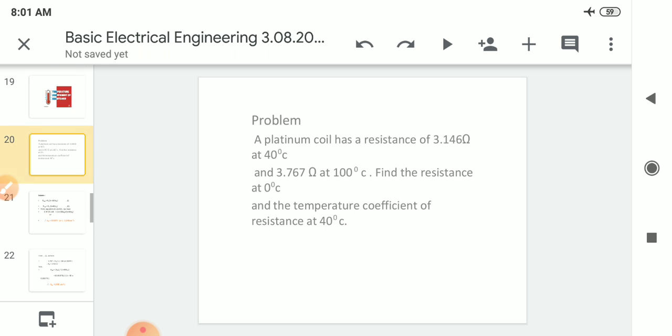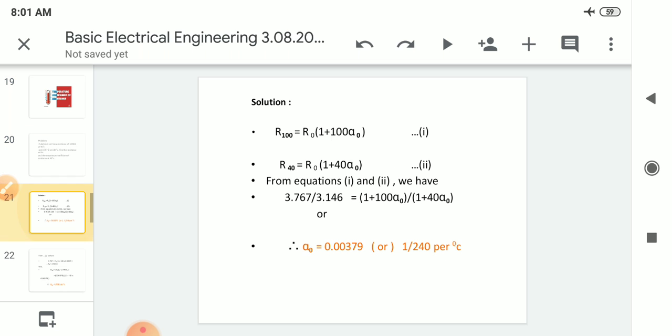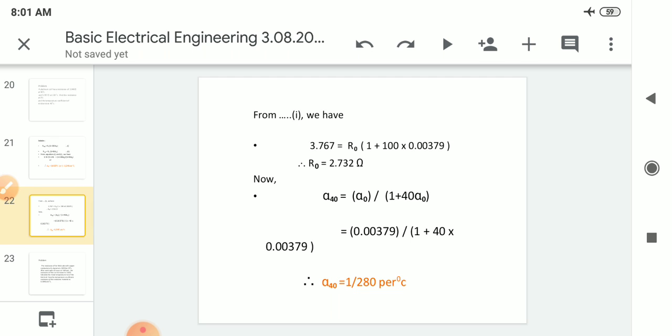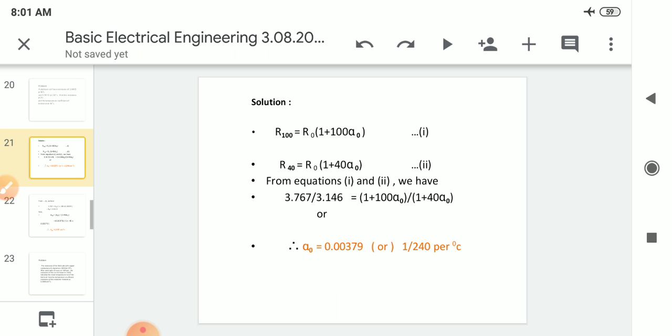These are the models we observed from the problems. Okay, our first model is about what? Here they are asking alpha naught and rise. This is the first model. And the second model is just rise in temperature or rise in resistance, or change in resistance.